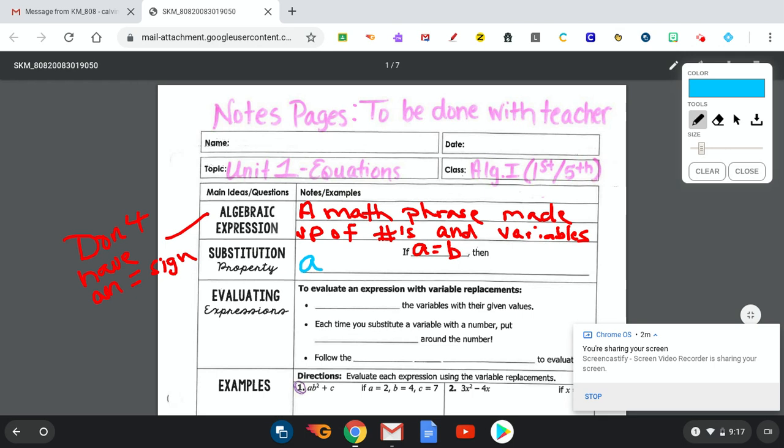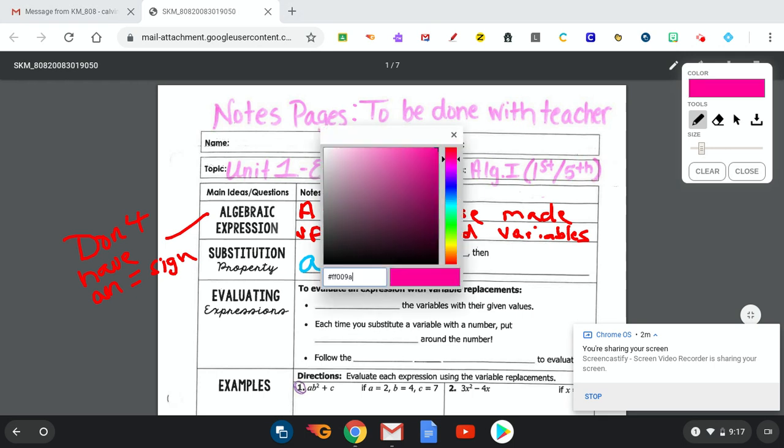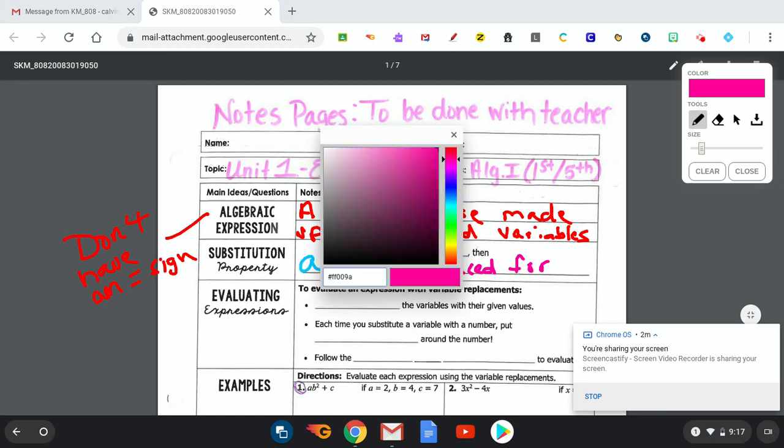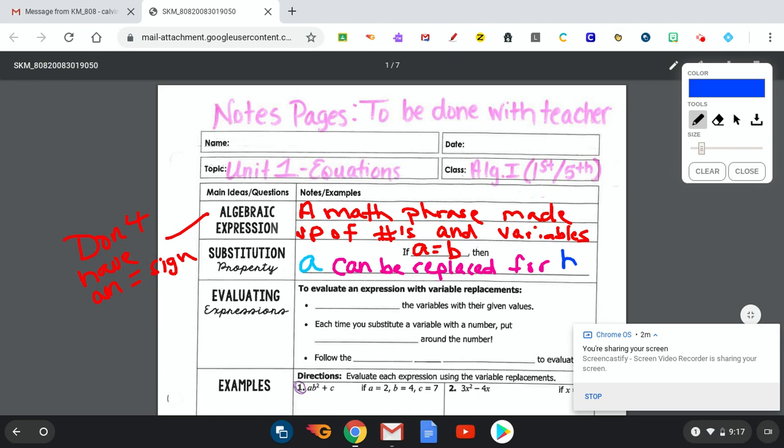So A can be replaced for B as long as they equal each other. We can put A in for B as long as they equal each other. And basically what that means is what we call substitution, that we can substitute the variables with their given values.